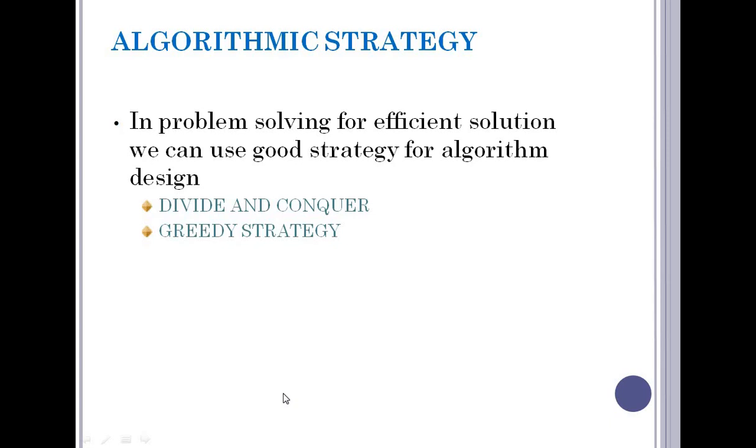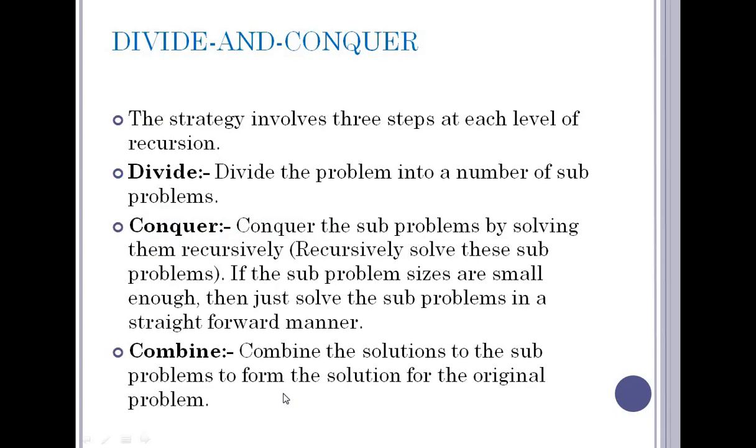There are different strategies we can apply to algorithmic design: divide and conquer, greedy approach, dynamic programming, backtracking. In this unit, we will see the first two important approaches, divide and conquer and greedy strategy.